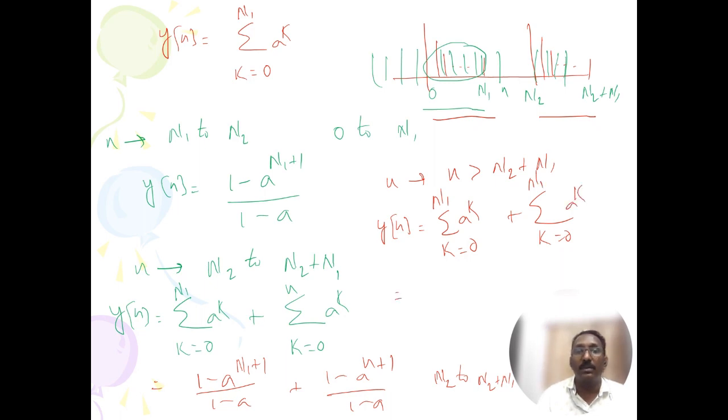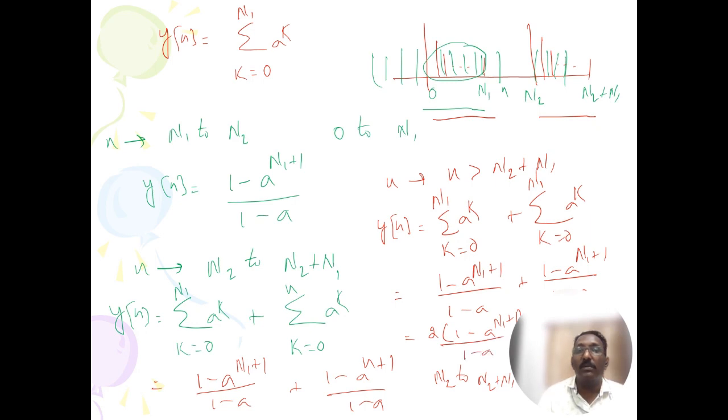If you simplify this, 1 minus a power n1 plus 1 by 1 minus a plus 1 minus a power n1 plus 1 by 1 minus a. So this is equal to 2 into 1 minus a power n1 plus 1 by 1 minus a.